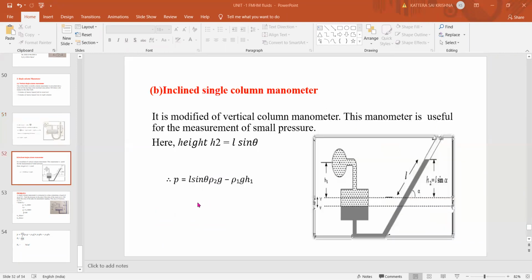Right. So similarly, write the formula for the inclined single column manometer: P equals L sin theta rho 2 G minus rho 1 G H1.